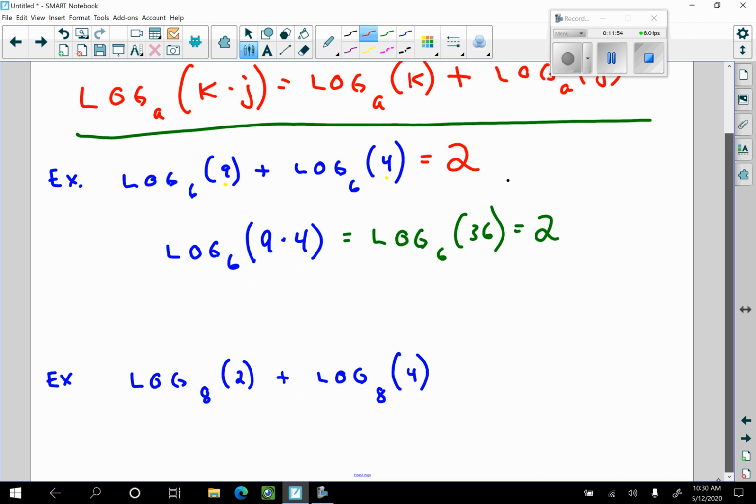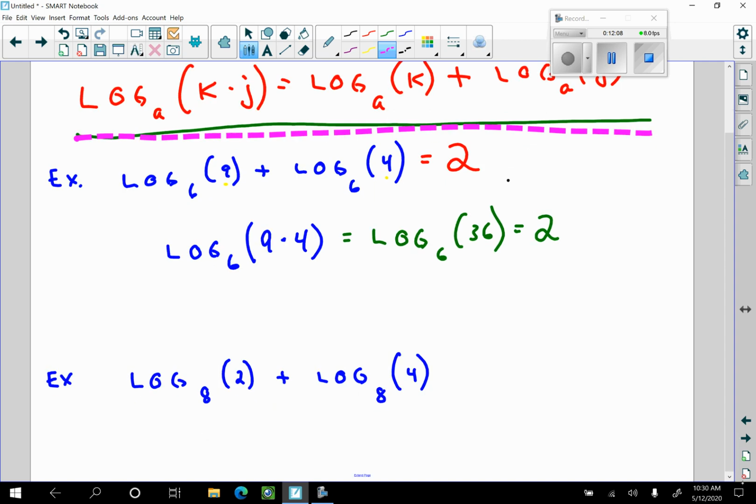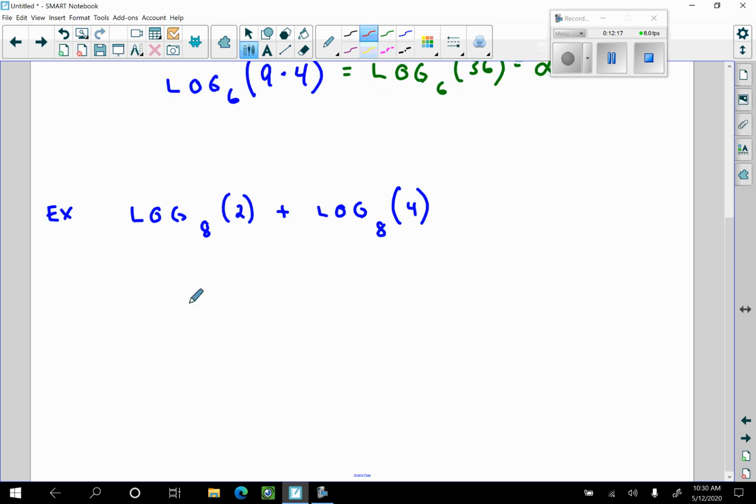All right, let's do another example using this product property of logarithms right here. We're going to use this property. All right, so we have a log base 8 of 2 plus a log base 8 of 4. We don't know what that is. We don't know what 8 to what power is 2. We don't know 8 to what power is 4. But guess what we can do? We're going to use that product property.